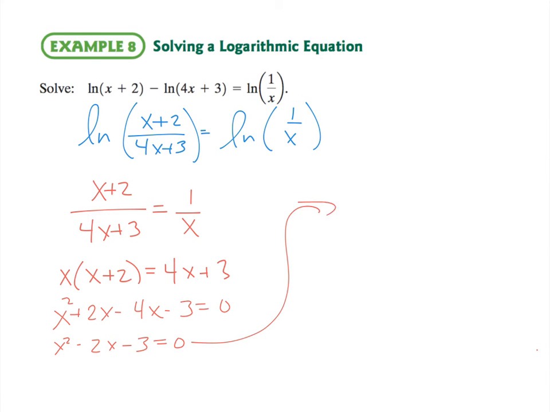If I factor this out, I get x minus 3, x plus 1 is equal to 0, because remember, it's the two numbers that multiply to negative 3, but add to negative 2. So this tells me the solution is negative 1 and positive 3.